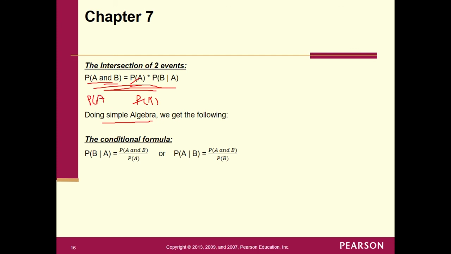That's what I mean. What do we get? We get that formula right there. You can also have this flipped over here. We could figure out the probability of A given B, and things just switch here in the denominator.